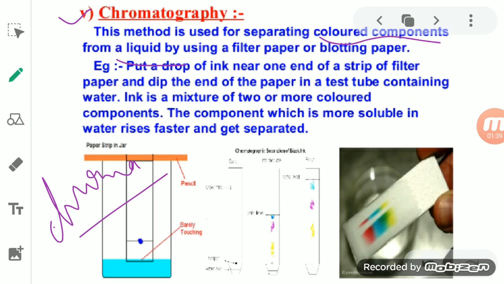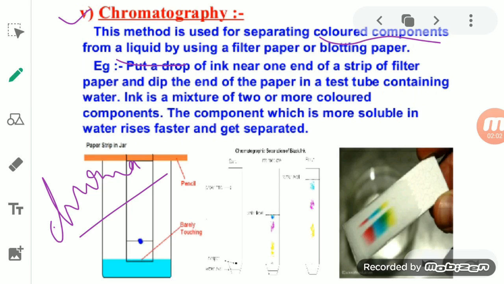Now chromatography is of different types, but we will consider a very easy type, and that is paper chromatography. Paper chromatography means the chromatography is done with the help of a paper.